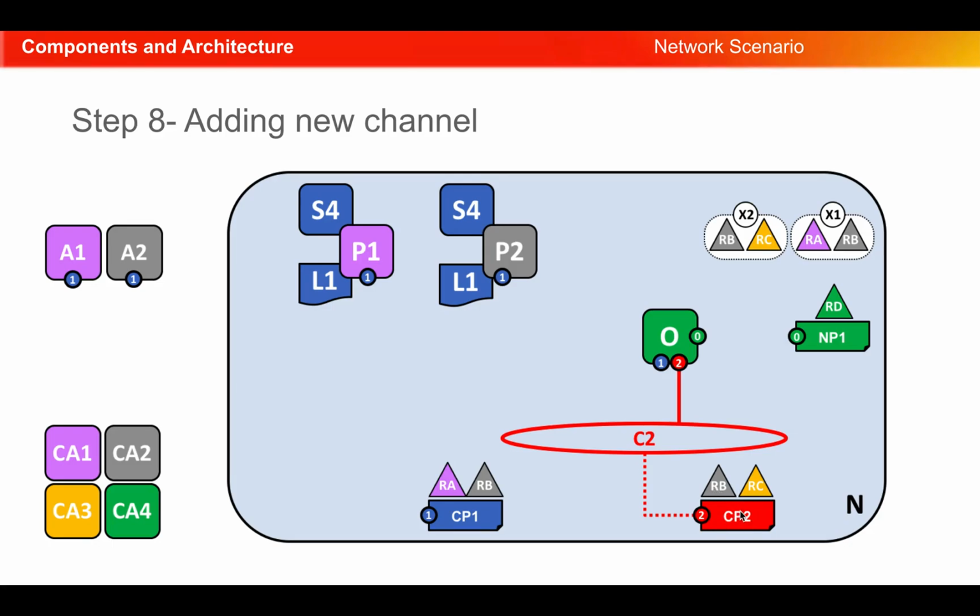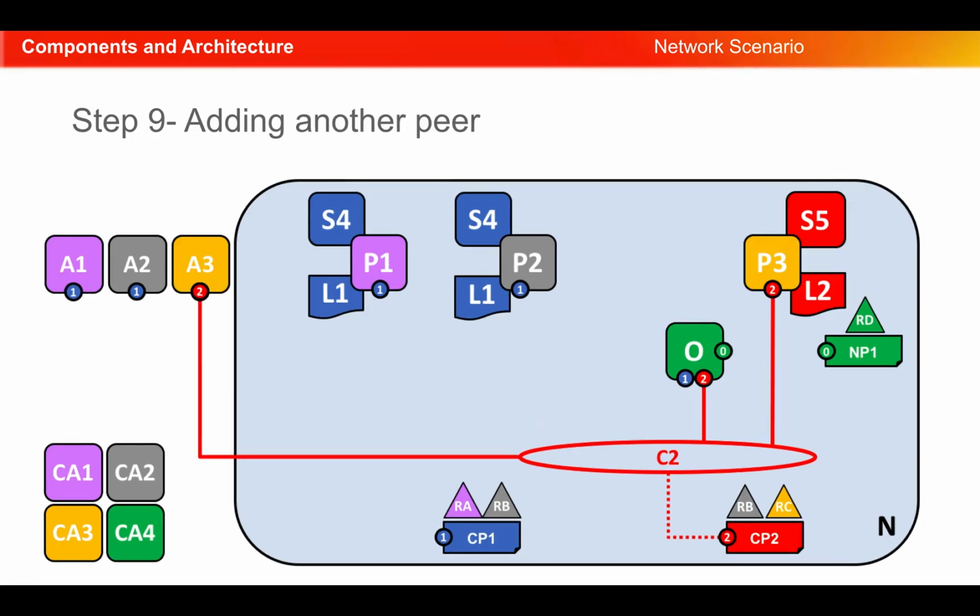And moving forward, organization B and organization C can bring in their peers which can connect to C2, and they can also bring in applications that can connect to C2. That we will see in the next slide.